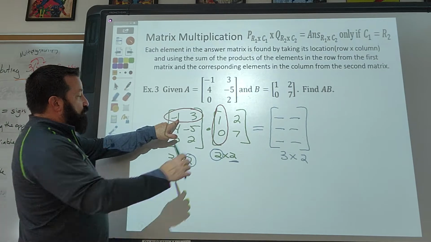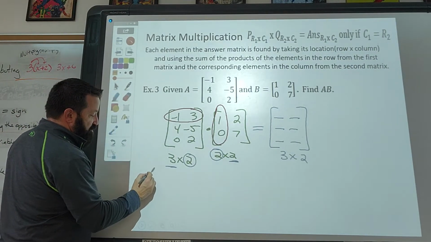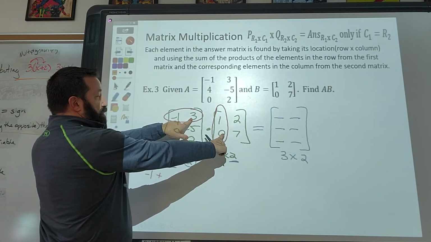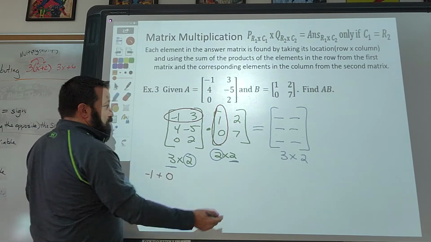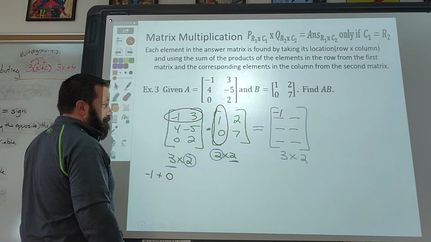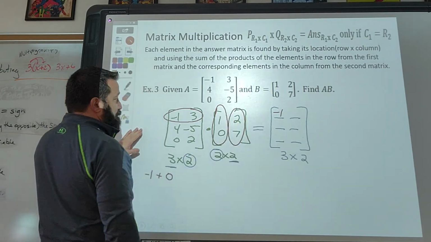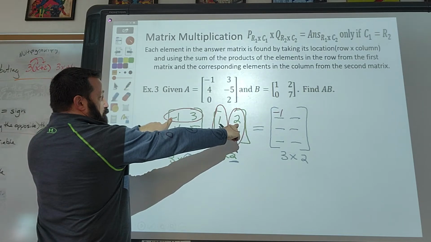So -1 times 1. First element, first element. -1 times 1 is a -1. Plus second element times second element, 3 times 0 is 0. So when I do that, -1 plus 0 comes out to be a -1. Now I'm going to do the same thing times the second column. So -1 and 2 are the first elements in the row in that column.